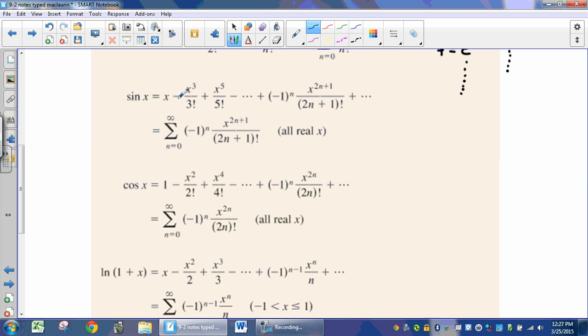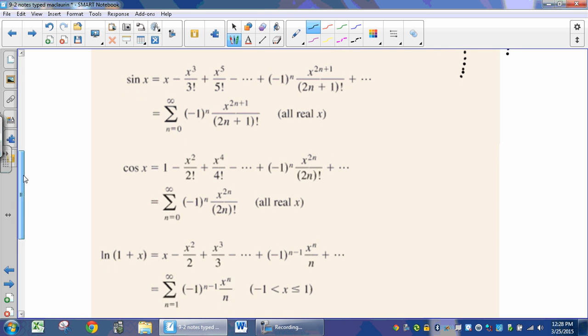I'm missing x squared because that derivative was 0, plus x to the fifth over 5 factorial, and so on and so forth, so that the general term is alternating and has odd exponents and factorials that match the exponents.